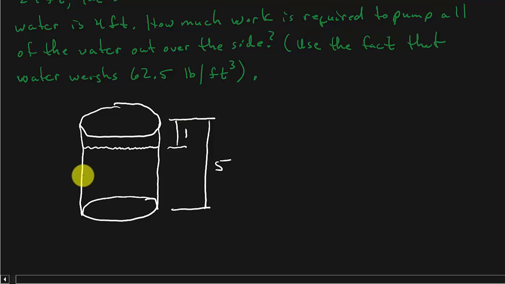And we need to get a slice of this. The distance from that slice to the top is x, and we know this is 5 minus x.